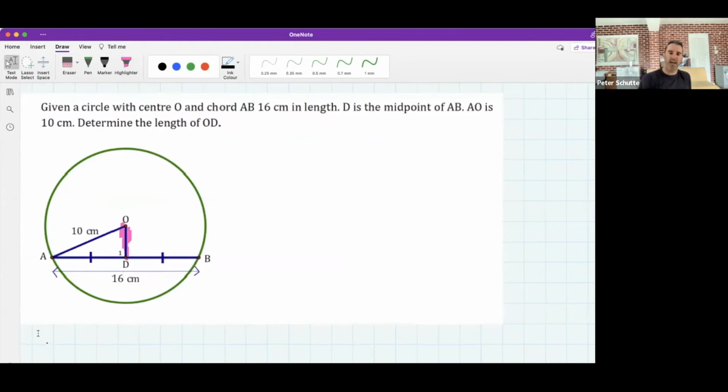Take a minute, write down your argument for how you would find OD, and then I'm going to give you the answer. I just want to give you a chance to think through how you would solve this one. You're trying to find the pink bit.